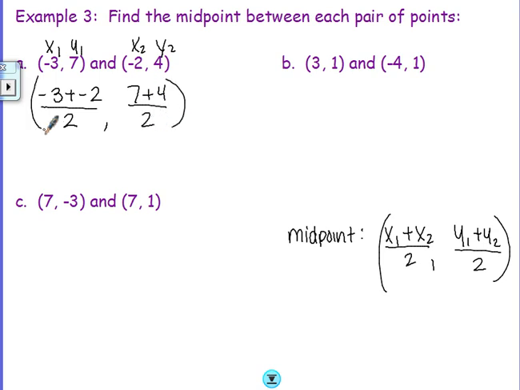Well, -3 plus -2 is -5 over 2. 7 plus 4 is 11 over 2. Now you can leave that as your answer, or if you wanted to change them into decimals, feel free to do so too. It might be easier to make them decimals for your graph.